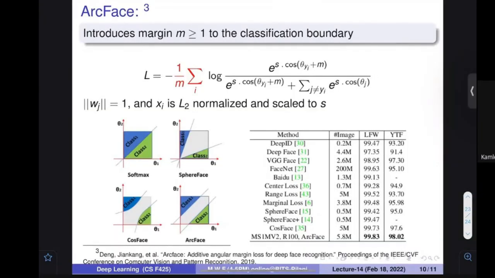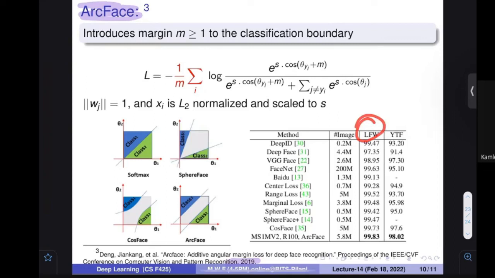Very interesting result is reported in this particular paper on the face database. This ArcFace paper came in 2019. It talks about face recognition results on two databases: Labeled Faces in the Wild, and the YouTube Faces database. These are very common big databases that people use.